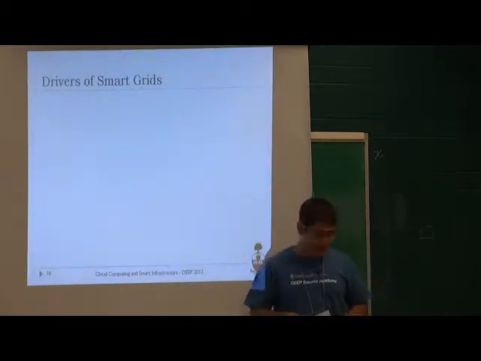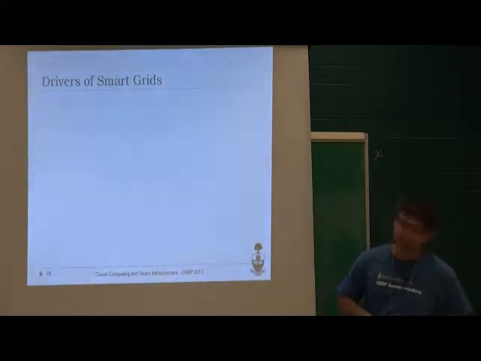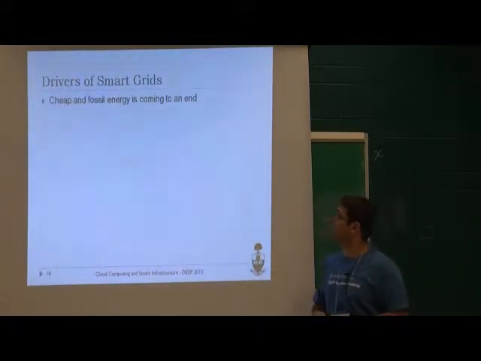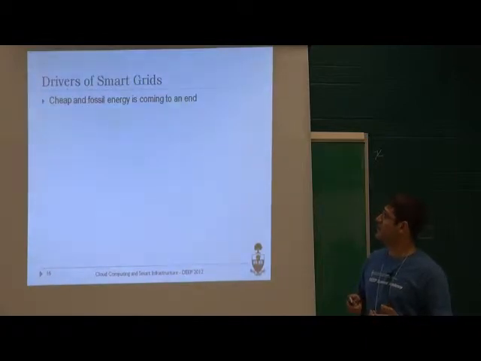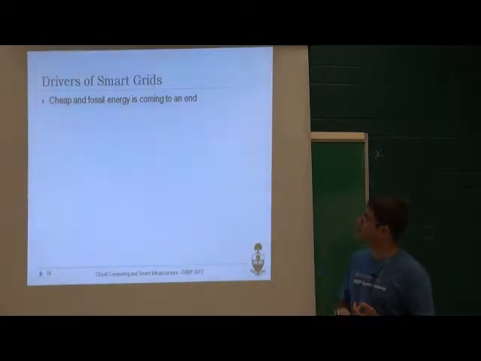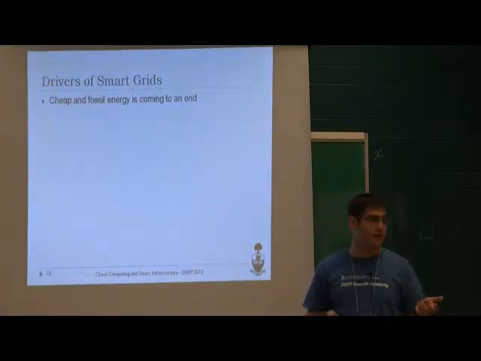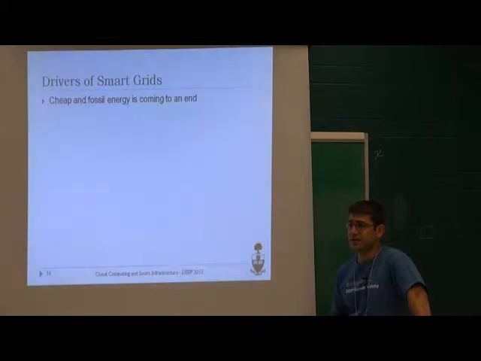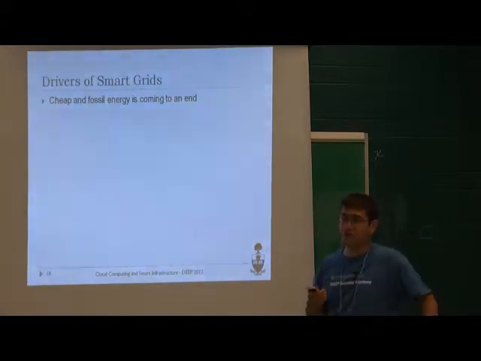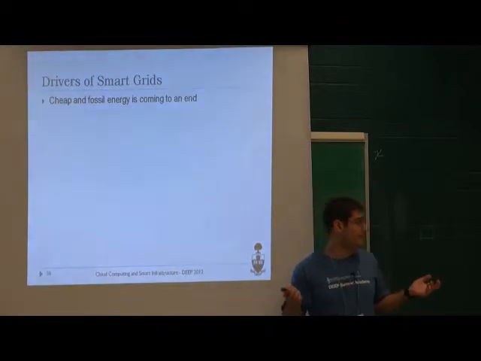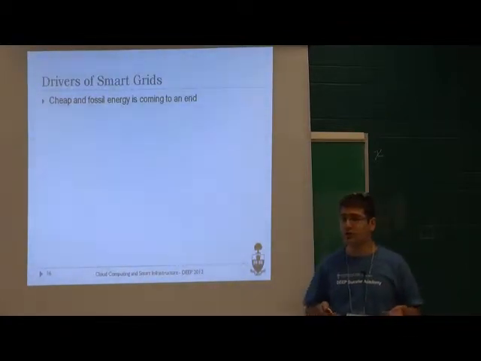Okay, so let's go back to defining smart grids in a better way. The drivers of smart grids: you start with cheap fossil energy, which is coming to an end. Previously, when we started using fossil fuels, we thought they were abundant. We thought they were going to go on forever.